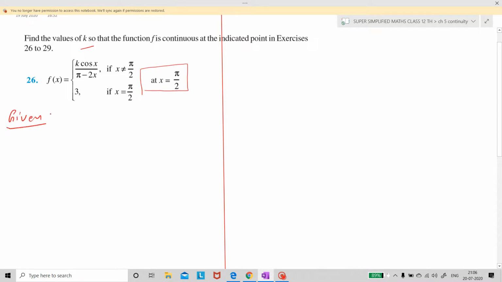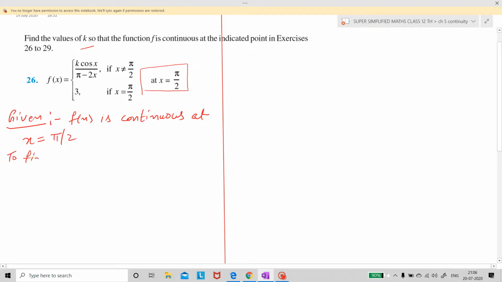So we can write: it is given that the function f(x) is continuous at x equal to pi by 2, and you have to find the value of k.